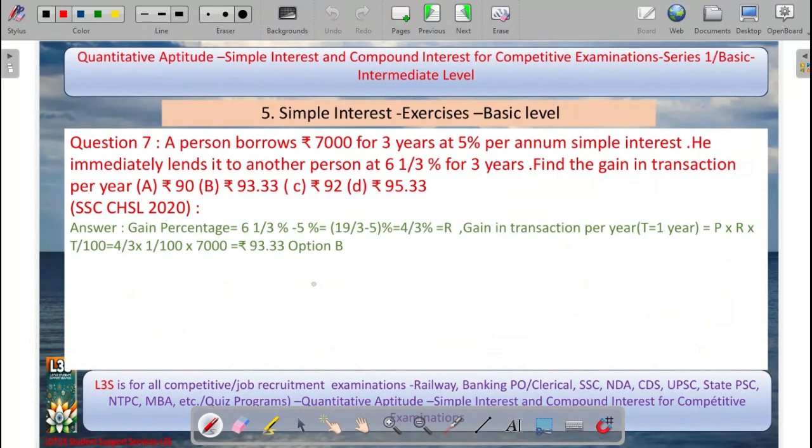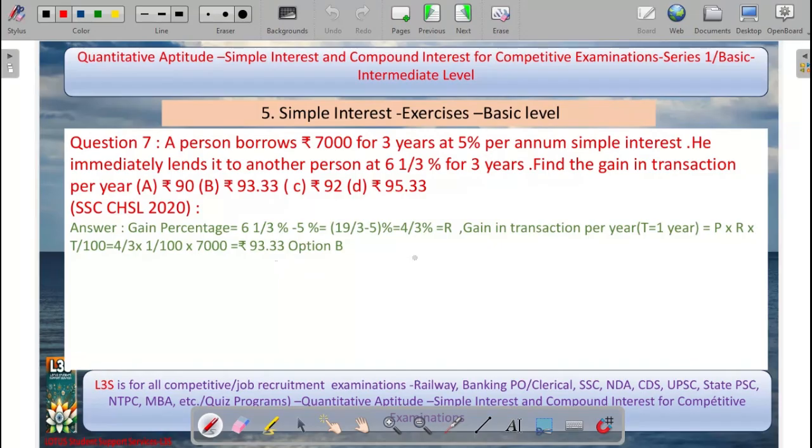Next question. A person borrows rupees 7,000 for 3 years at 5% per annum simple interest. He immediately lent it to another person at 6 1/3% for 3 years. Find the gain in the transaction per year. So the amount is the same, that is why we can directly find out how much.